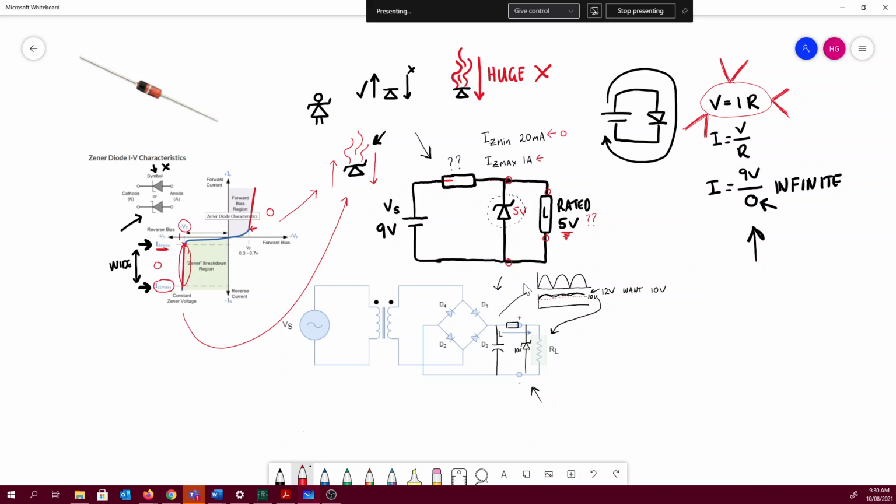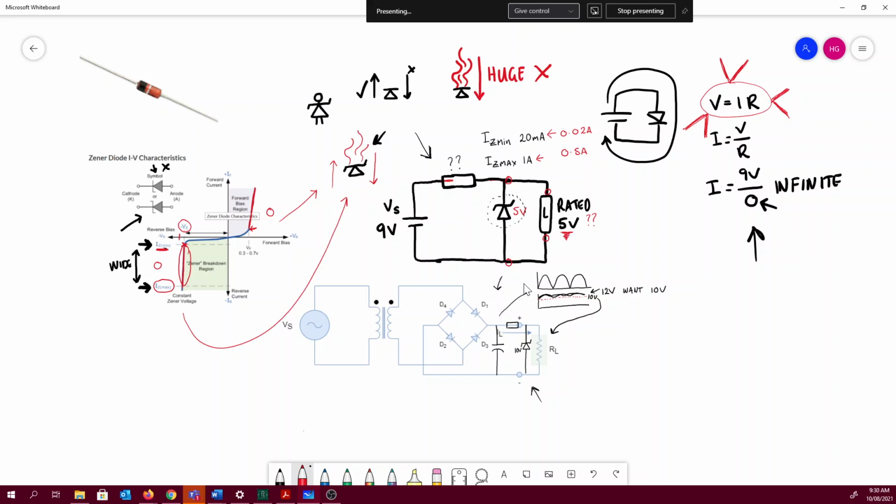So 20 milliamps is 0.02 amps, unless I'm mathing completely wrong. And so let's just say that our ideal current is, I don't know, 0.5 amps. And let's just treat it like a simple series resistor question with only one resistor.